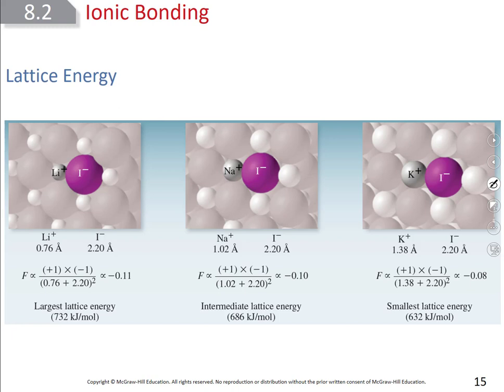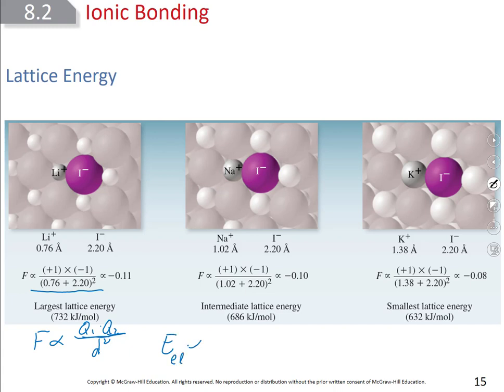Now what I have down here, that is Coulomb's law. Coulomb's law says that the force of electrostatic attraction is proportional to the product of the charges, Q1 times Q2, divided by the distance between them squared. That is basically the same concept we had in chapter 5 when we talked about electrostatic energy.